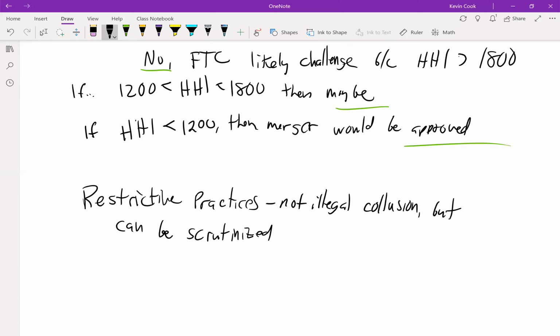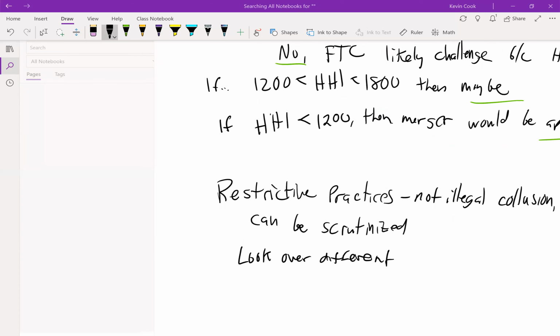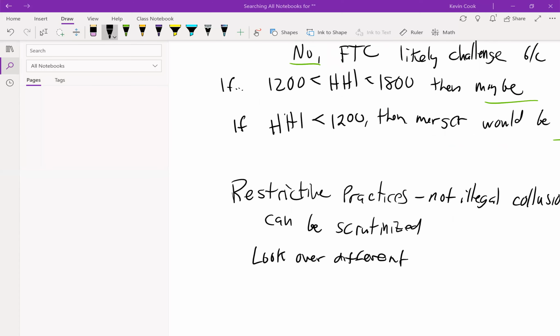And what you'll want to do is sometime when you get the chance, look over these different restrictive practices. I'm just saying that because it's a decent sized list, and y'all can look over lists.